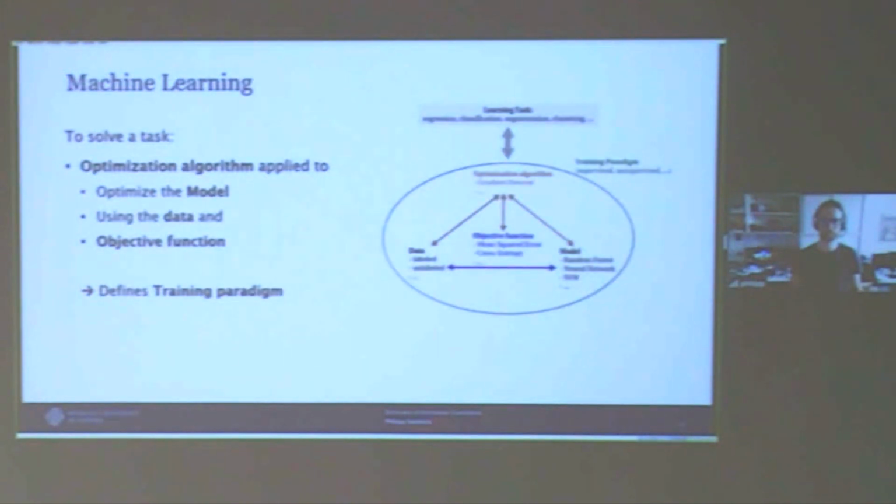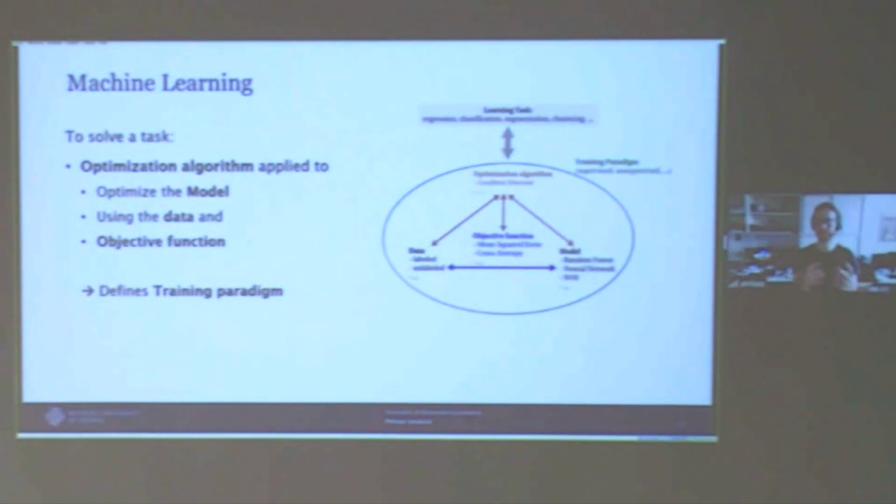So in general, in machine learning, to solve a task, we need different parts. So we have a learning task that we want to solve, and we have a model that we train, which is on the right-hand side at the bottom. We have data the model is trained on.